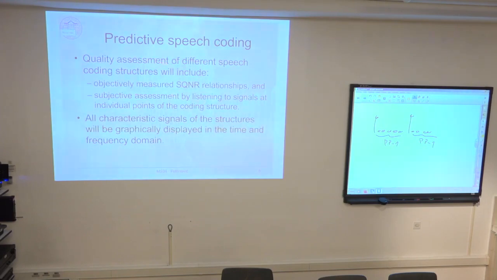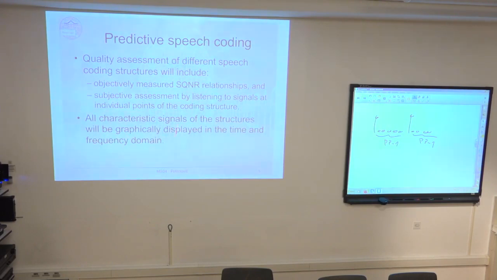And quality assessment can be done either by measuring SQNR, so the objectively measured signal to quantization noise ratio, or the other way, subjectively, by listening to the signals at individual points of the coding structure to hear what is the effect of quantization on such a predictive structure.